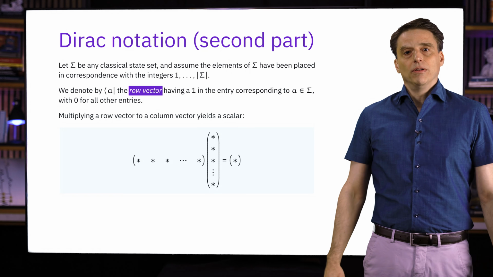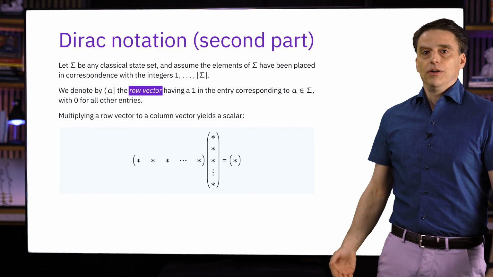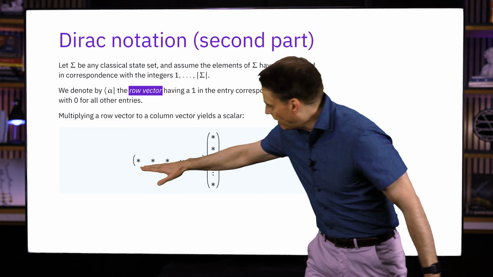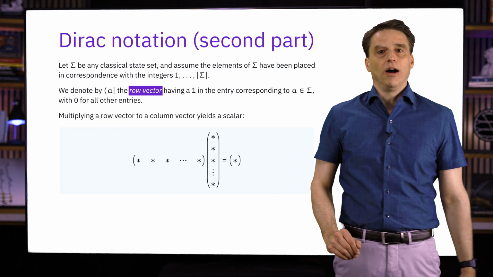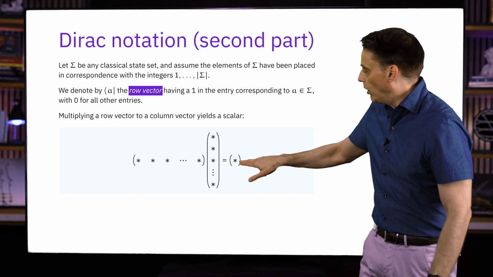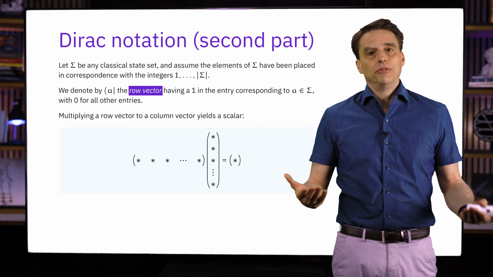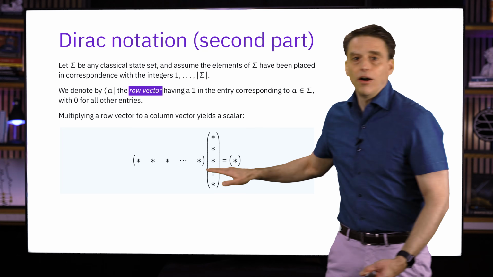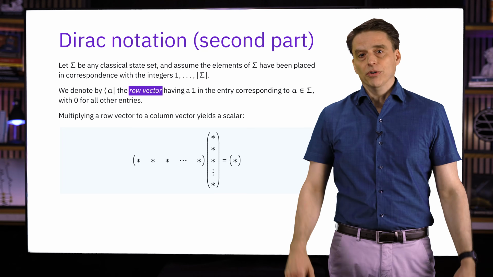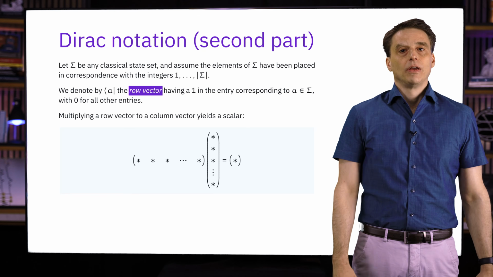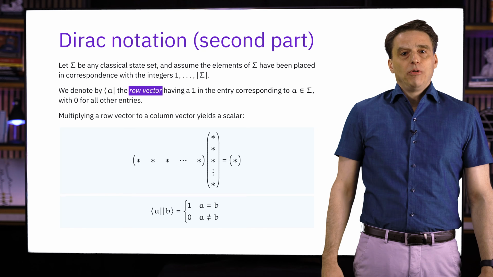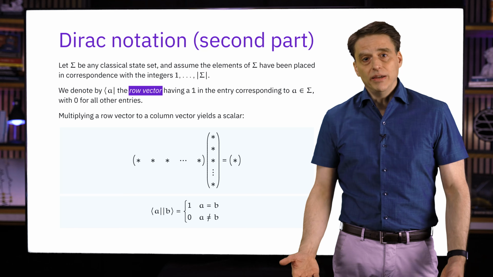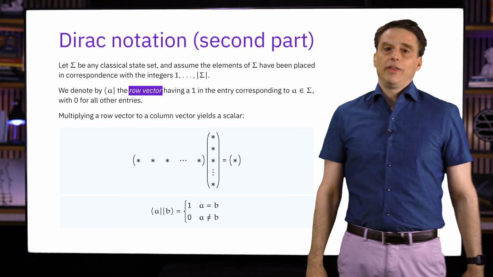Now, in general, if we multiply a row vector to a column vector, just thinking about these as matrices that happen to have just one row or just one column, then we get a 1 by 1 matrix, which we can think about as being a scalar. Here, by the way, you should think about these stars as representing arbitrary numbers. In particular, if we multiply the row vector bra A to the column vector ket B, then there are two things that can happen.